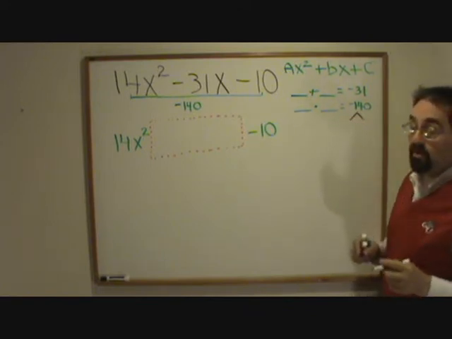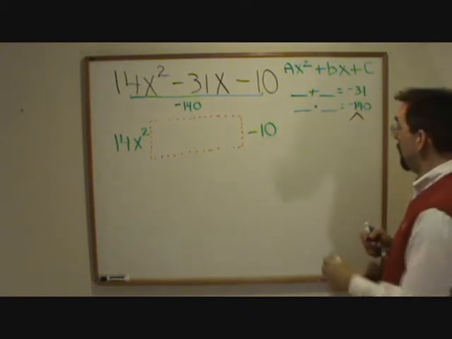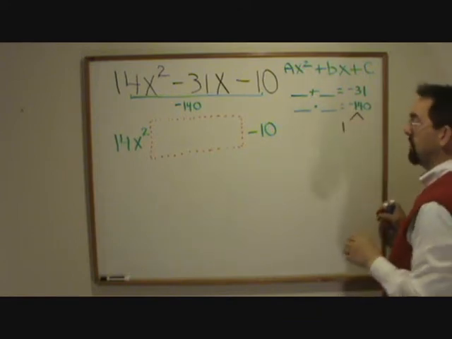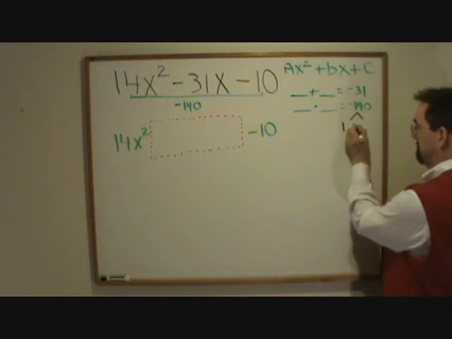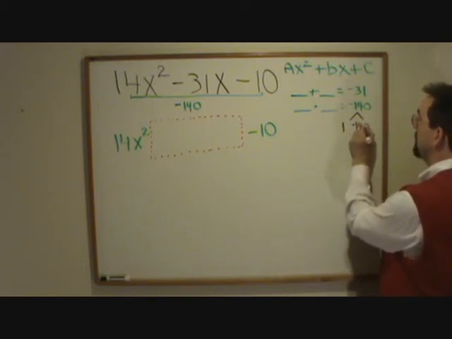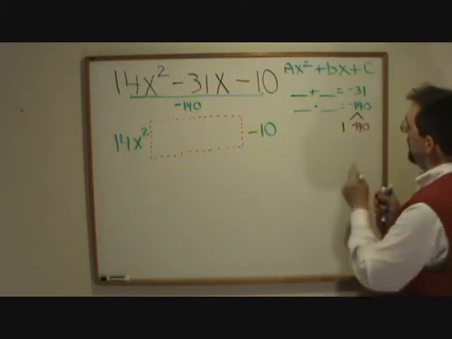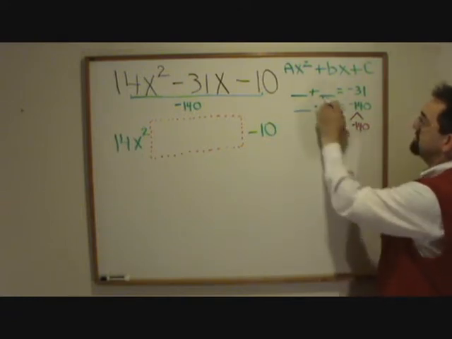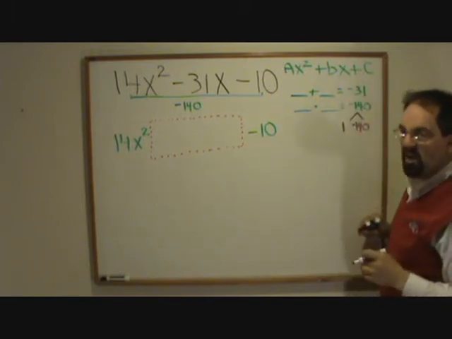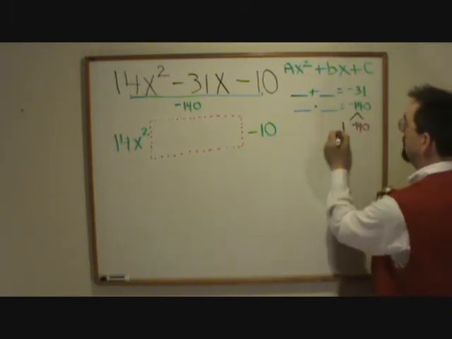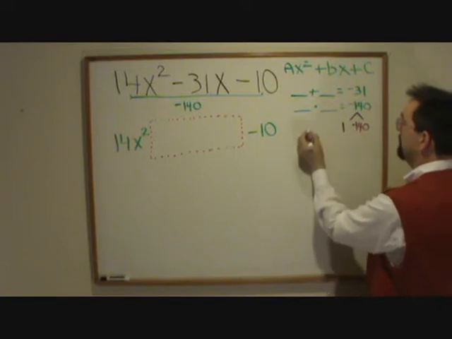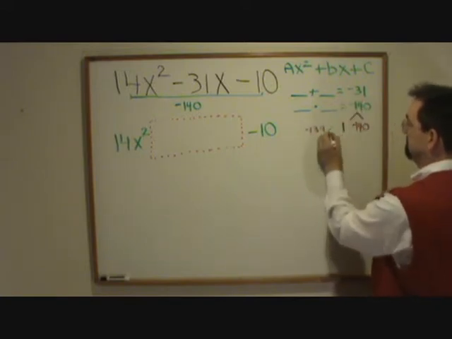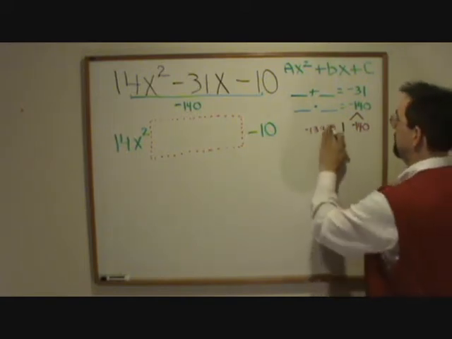Since I don't have a calculator, I'm just going to start off with the number 1. How many times does 1 go into minus 140? Minus 140. Now, if I took 1 and minus 140, 1 minus 140 gives me minus 139. I don't like that.